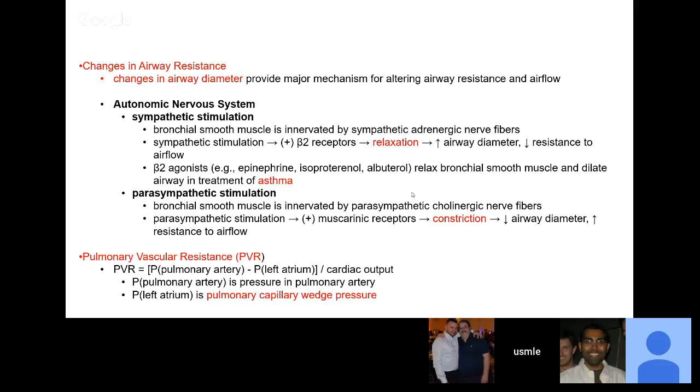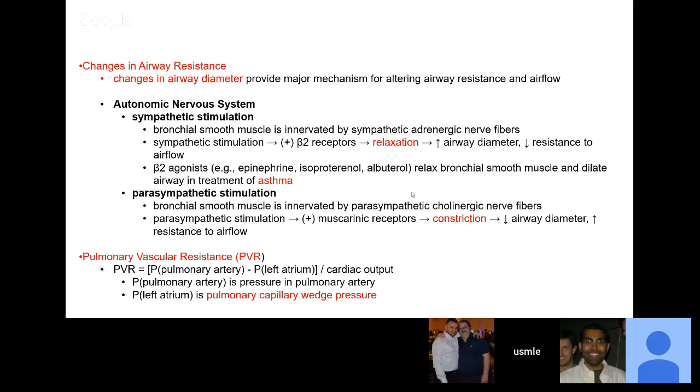Remember, the left atrium pressure is estimated by the pulmonary capillary wedge pressure. What is a normal pulmonary capillary wedge pressure? Yeah, 12 or less than 12, commonly.